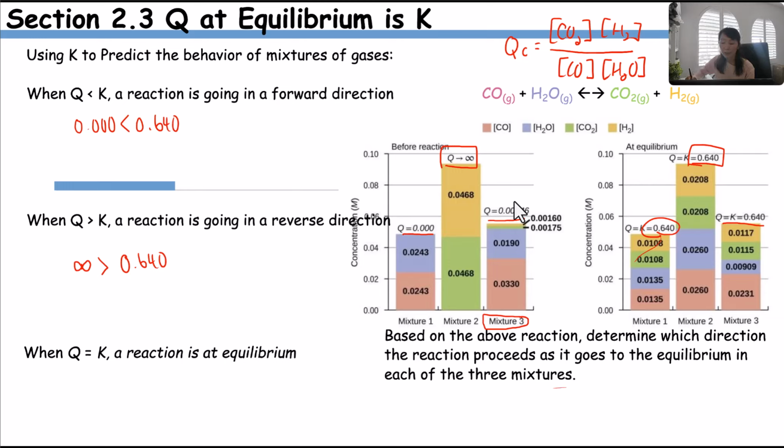So mixture 3 is going in the forward direction, mixture 2 was going in the reverse direction, and mixture 1 was going in the forward direction. If I have a mixture 4 and that reaction quotient was the same value as the equilibrium constant, then it's not forward or reverse, it's at equilibrium.